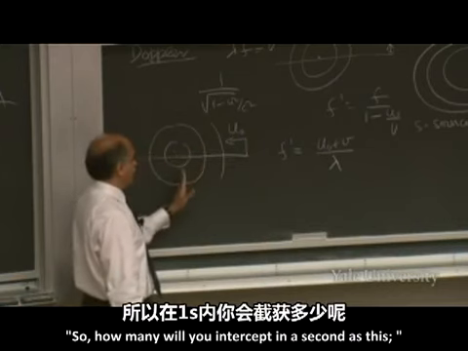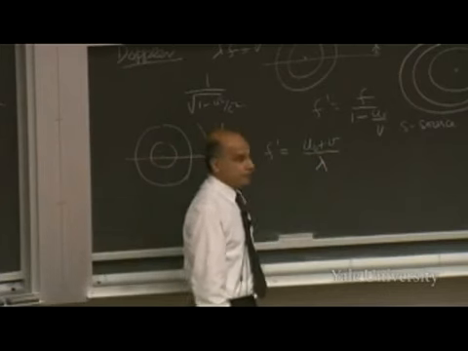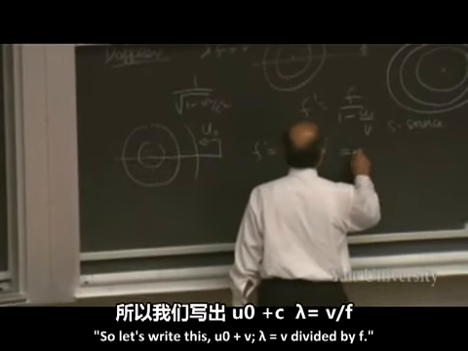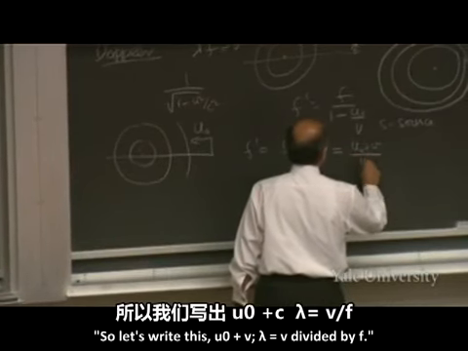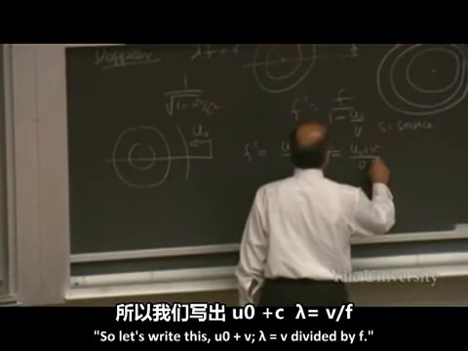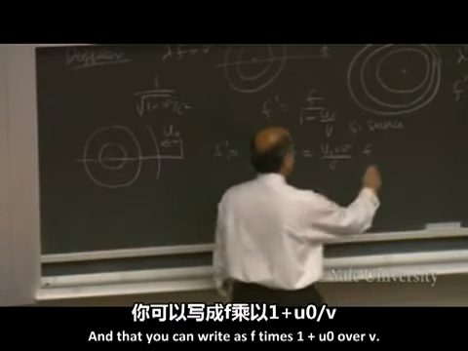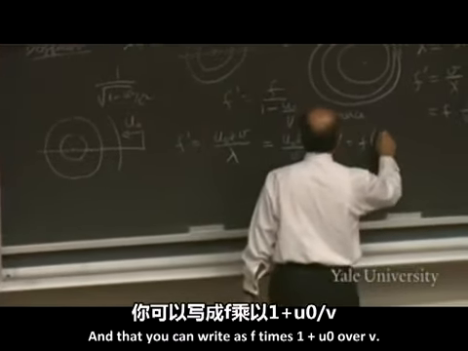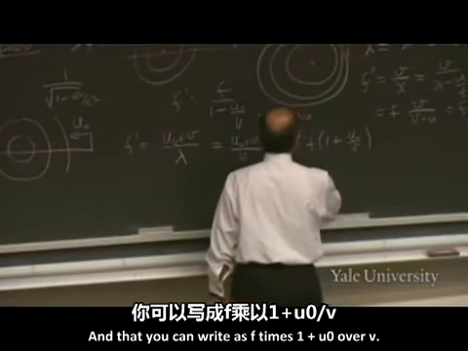So how many will you intercept in a second is this. This is the relative speed, and that's lambda. So let's write it as u0 plus v. Lambda is equal to v divided by f. So I'll bring the f upstairs. And that you can write as f times 1 plus u observer over v.